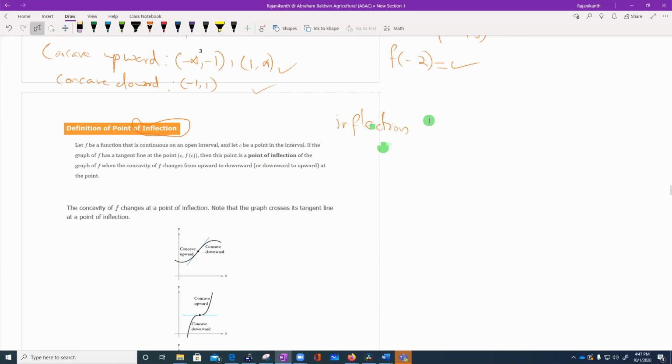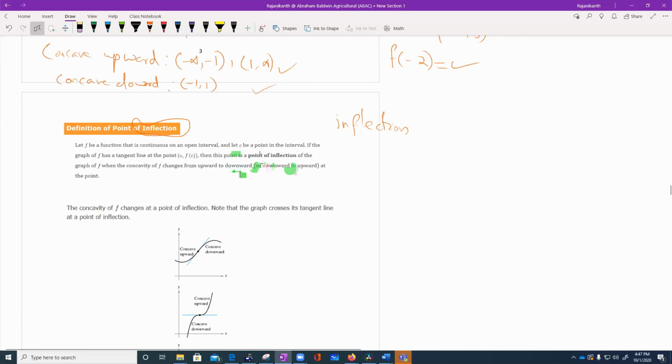Okay, so if c is any point of the given open interval, then that point (c, f(c)) is a point of inflection, right? How? You know now, f changes from upward to downward, vice versa, downward to upward.